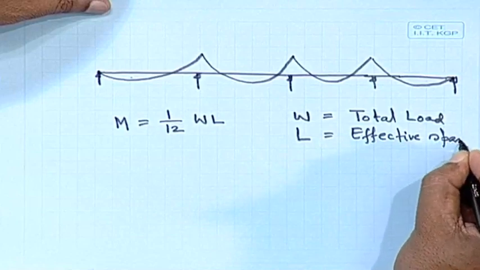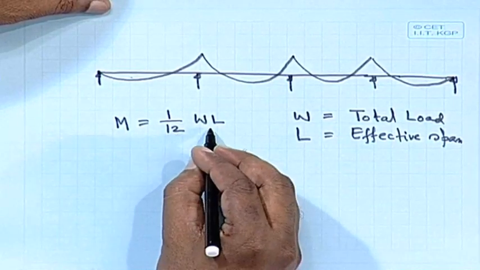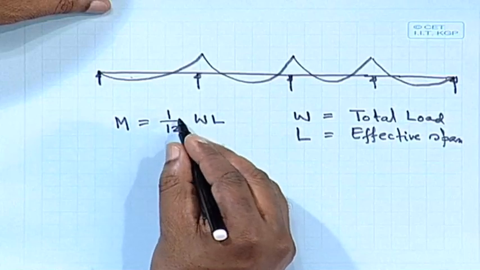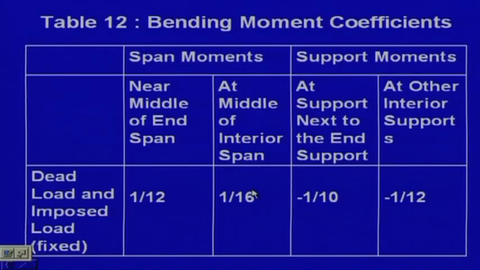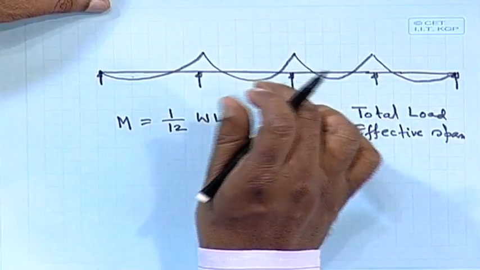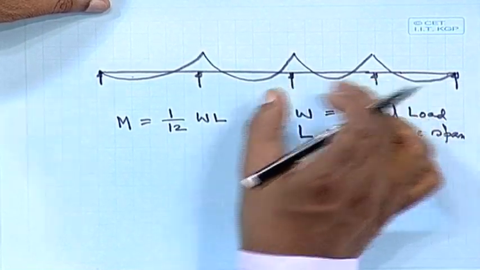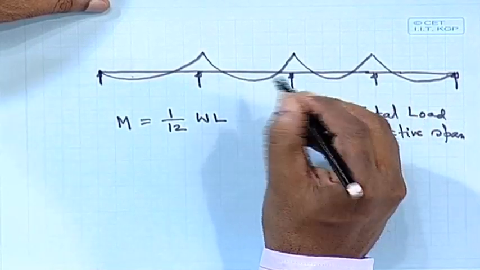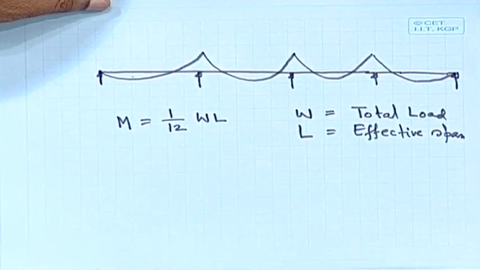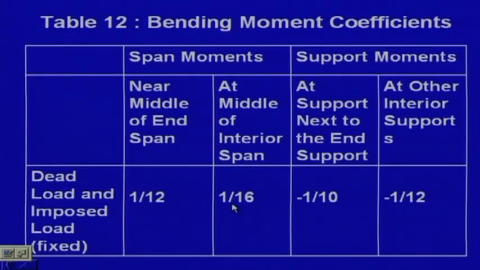So M equals 1/12 WL; that is the coefficient we are talking about. At the middle of an intermediate interior span, these are called interior spans, we shall get 1/16 times WL.